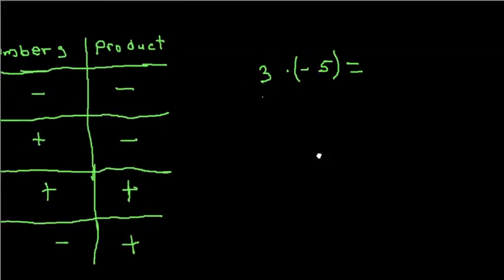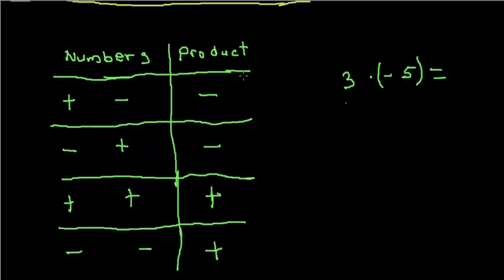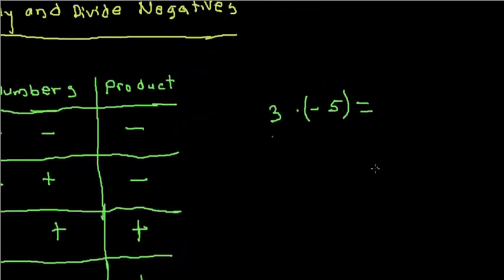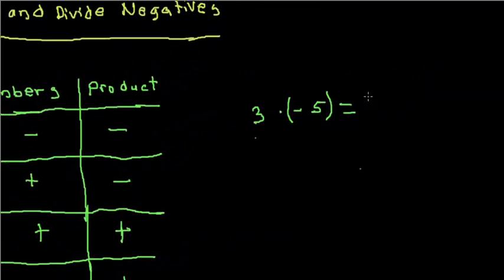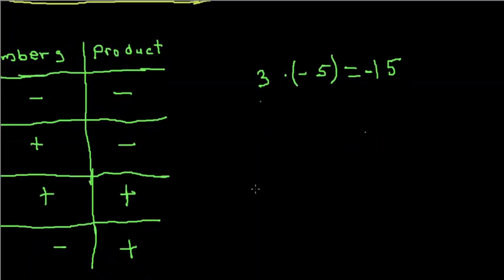So using the rule, if the numbers are 3 and negative 5, we just do 3 times 5, which is 15. Then the product should be negative, so we put a negative at the front of it. And the same goes for division.